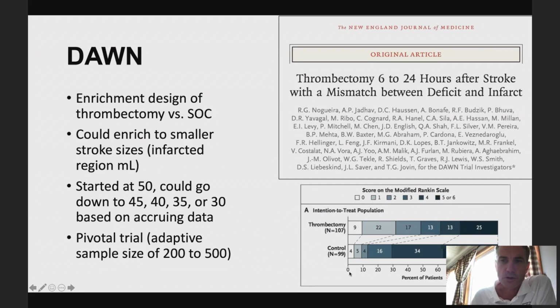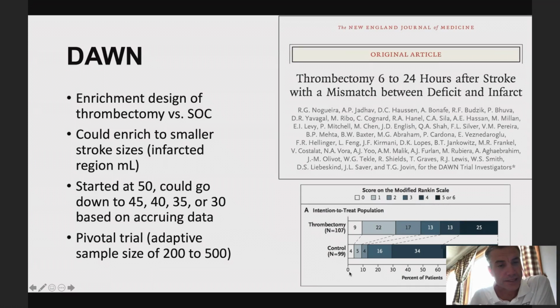Maybe the course of the disease has gone and these clot-clearing devices are no longer effective. Maybe they're detrimental. So this was a trial to determine if they're effective. There was the expectation that if you could get the right patient, this would be effective. Those that have clinical mismatch between symptoms and size of stroke, there's still brain to be saved.